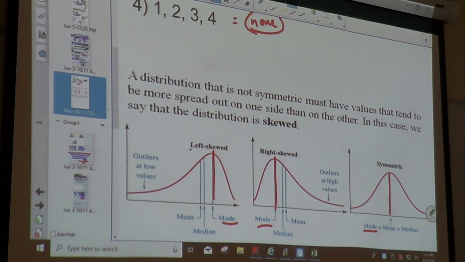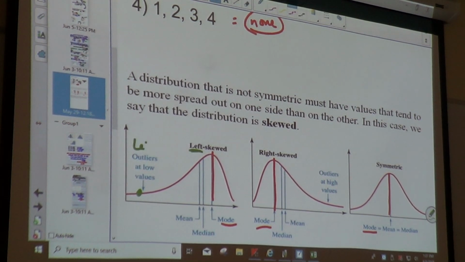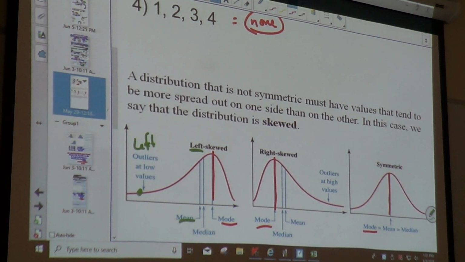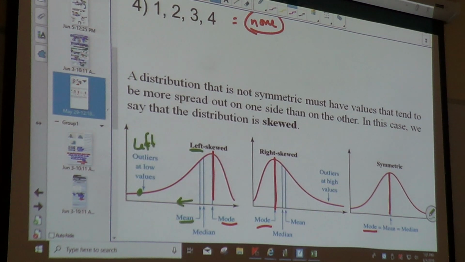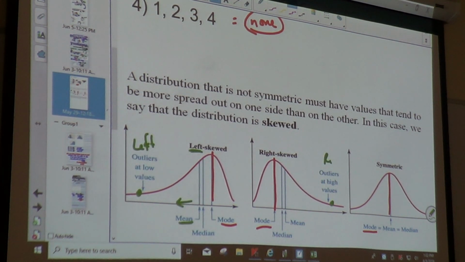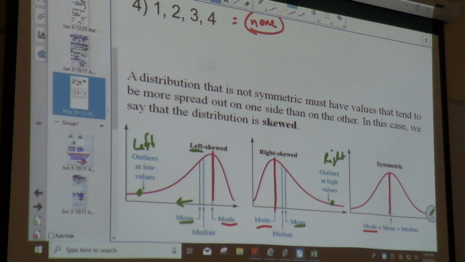So if you are left skewed, that means your average is going to go to the left. If you are right skewed, that means your average is going to go to the right.